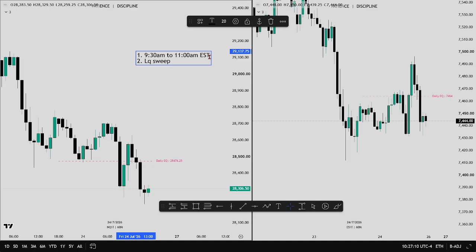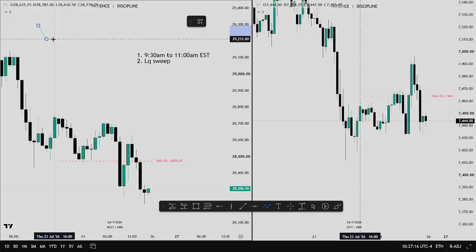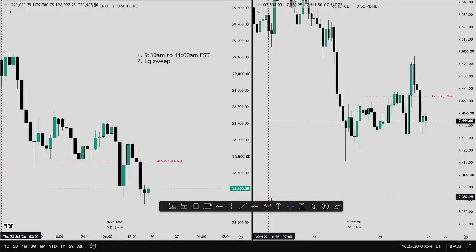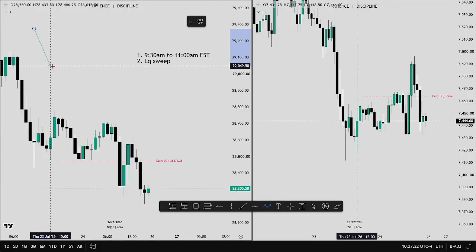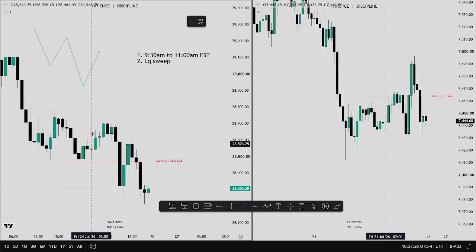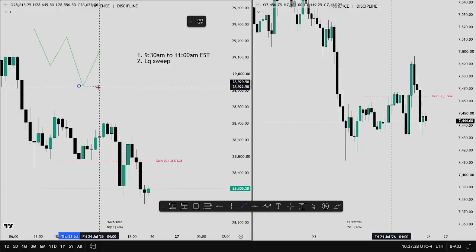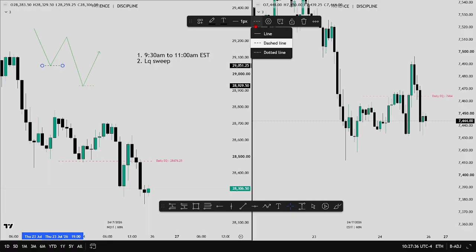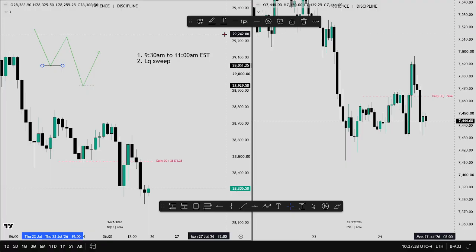We all know that liquidity rests around swing lows and swing highs. If you have something like this, you see that liquidity rests around this area here. It rests at the swing lows.